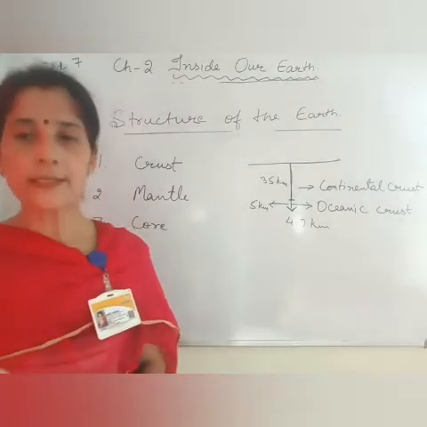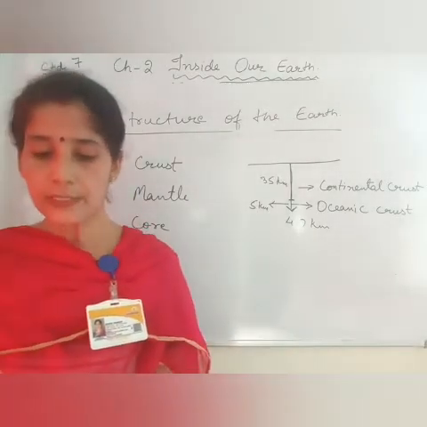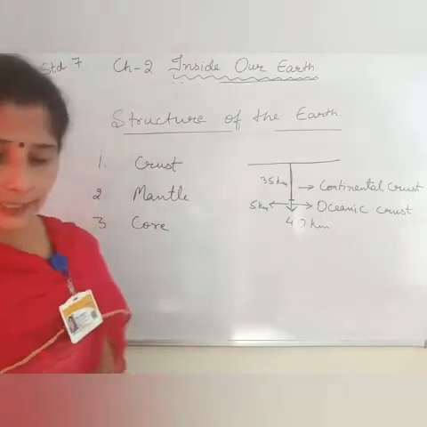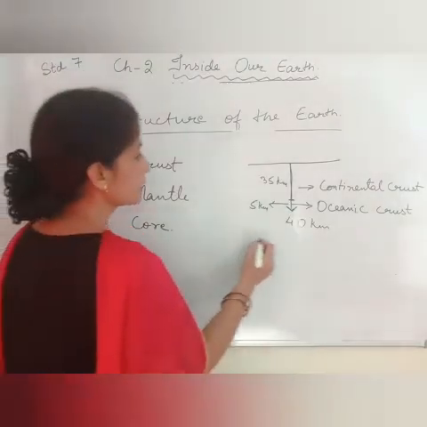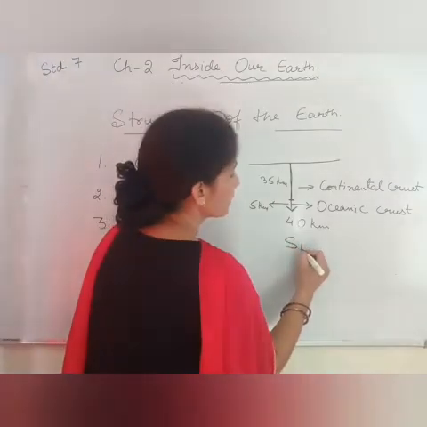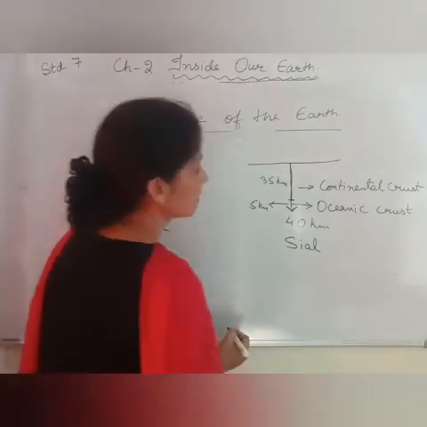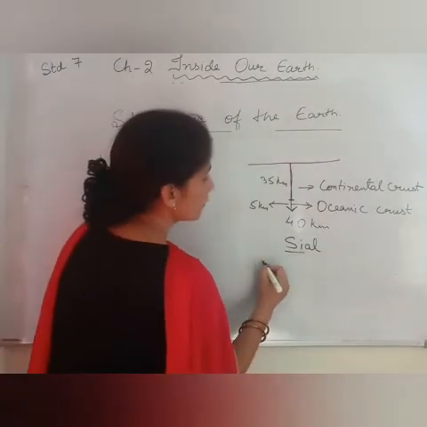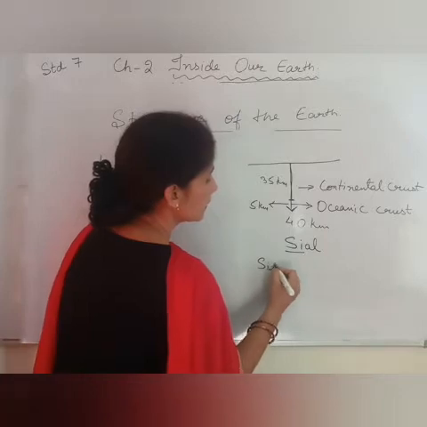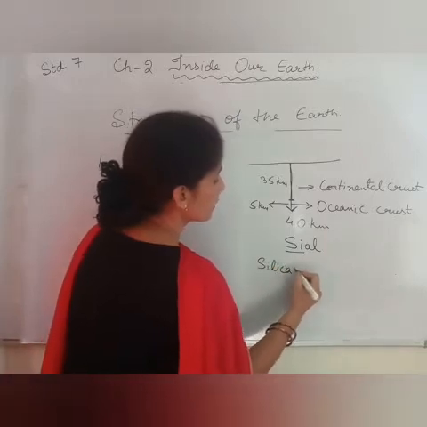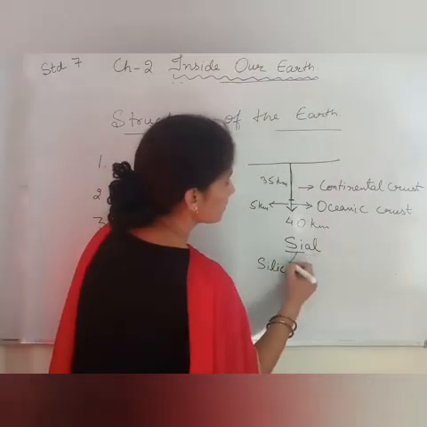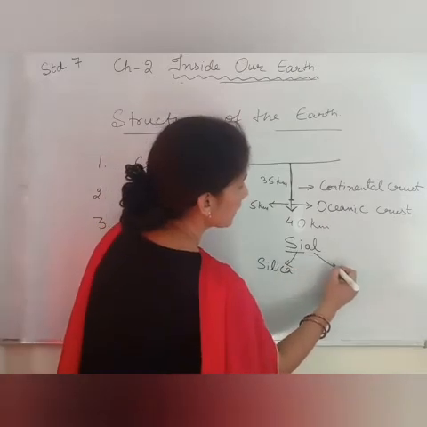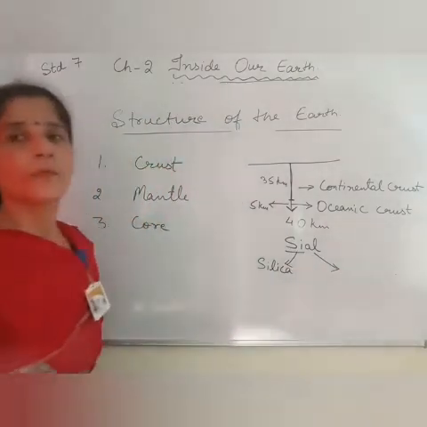The continental crust is made up of silica and alumina, and in short we call it SiAl: Si for silica and Al for alumina.